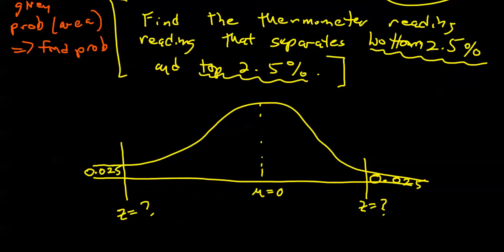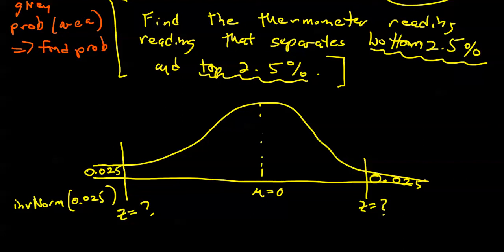Alright, to find this value here, if you're in the standard normal case, all I need to plug in is inverse norm 0.025. Again, the inverse norm command specifies area to the left.